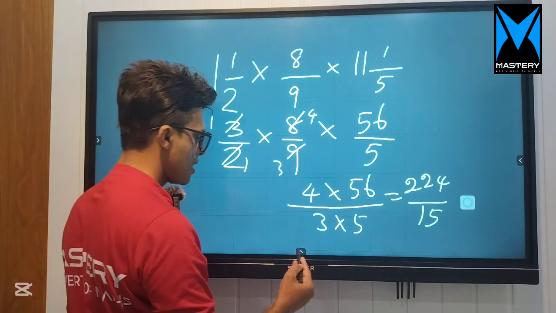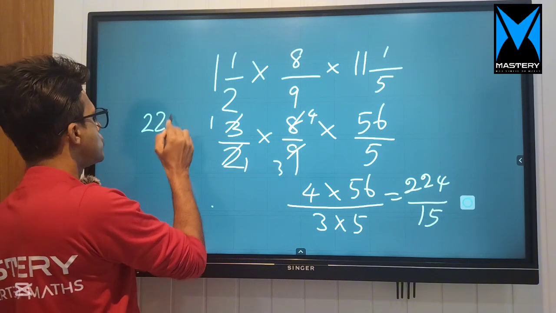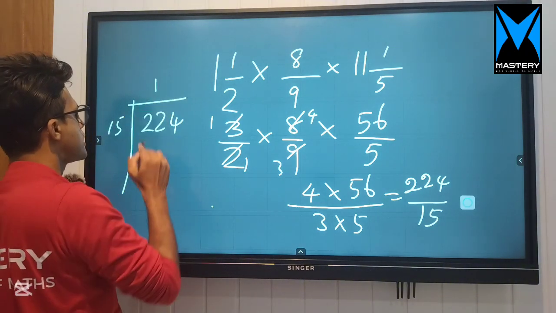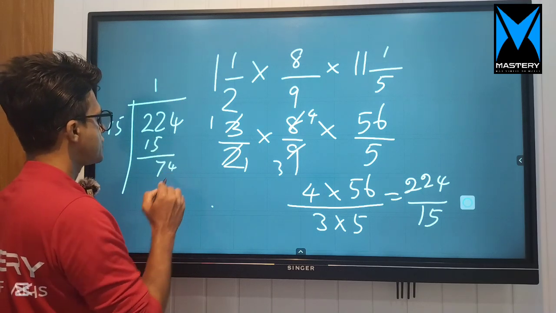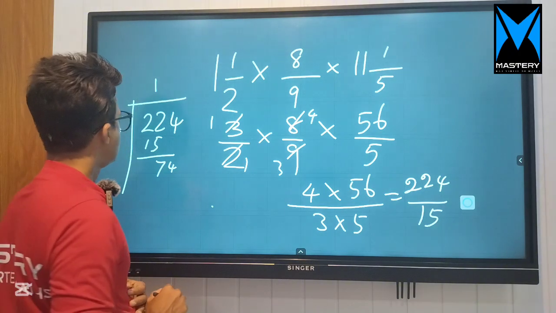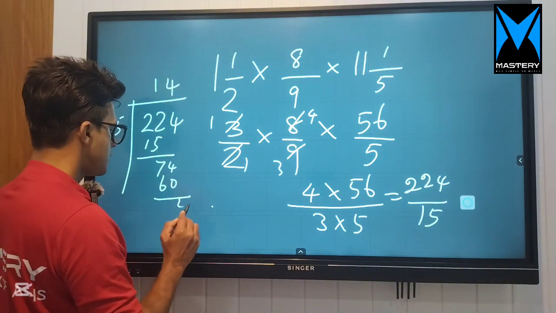224 over 15. How many 15 times are found in 224? 15 times 14 is 210. The remainder is 14.